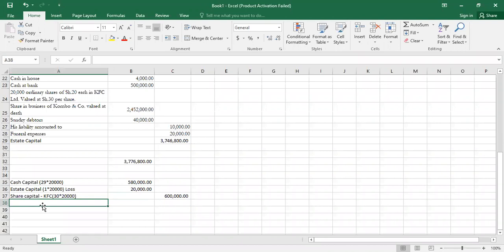Then we've been told that there is a liability of 10,000. Liabilities, what are we supposed to do to the liabilities? We know in the trading profit and loss account, we are supposed to debit the liabilities, isn't it? They are an expense that you are supposed to incur. But liabilities are supposed to be credited. So what are we going to do on 20th December?